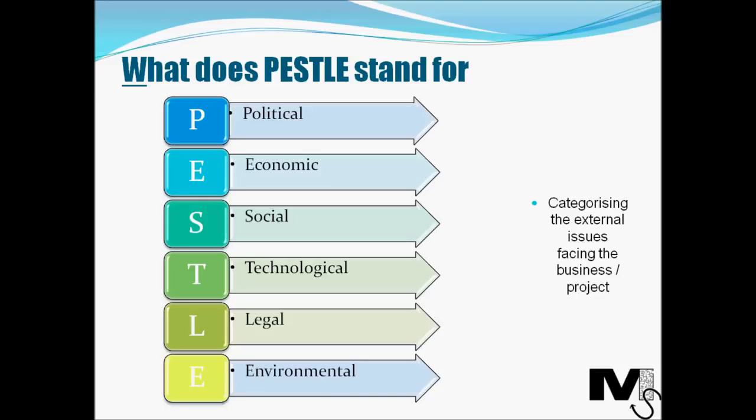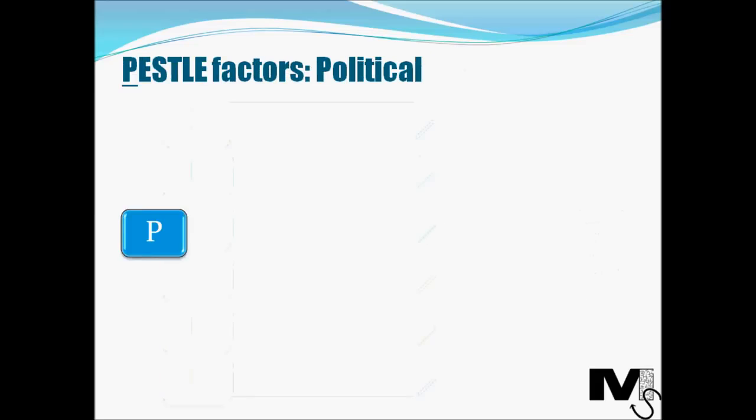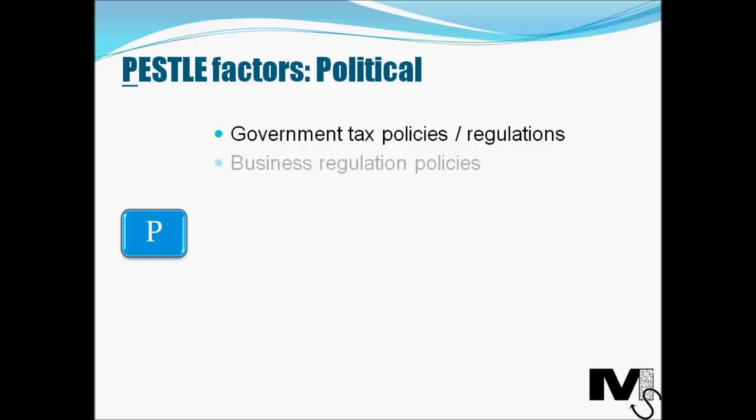So it's all linked to one another, but it's important to classify them and categorize them and understand how they impact your business. So if we look at political factors to begin with, that stands for P for PESTLE.